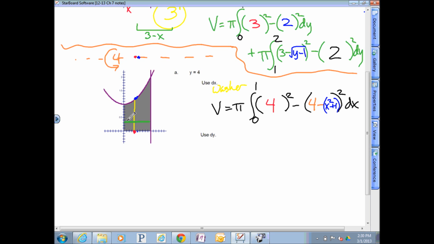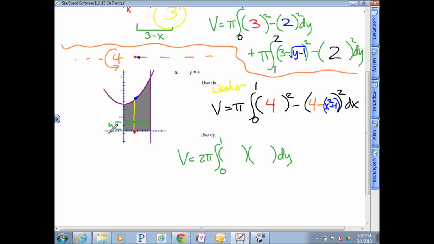that looks like a shell. 2 pi integral from 0 to 1, radius, length, dy. What's my radius? Normally my radius would go this way, and that would be a y. We're not taking that green rectangle toward the x-axis.